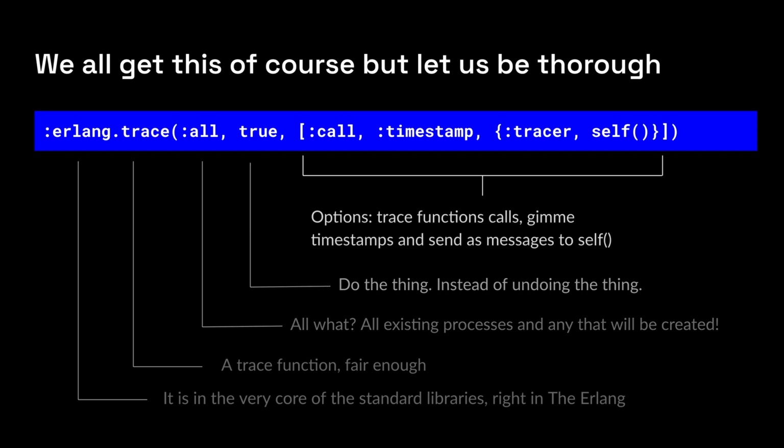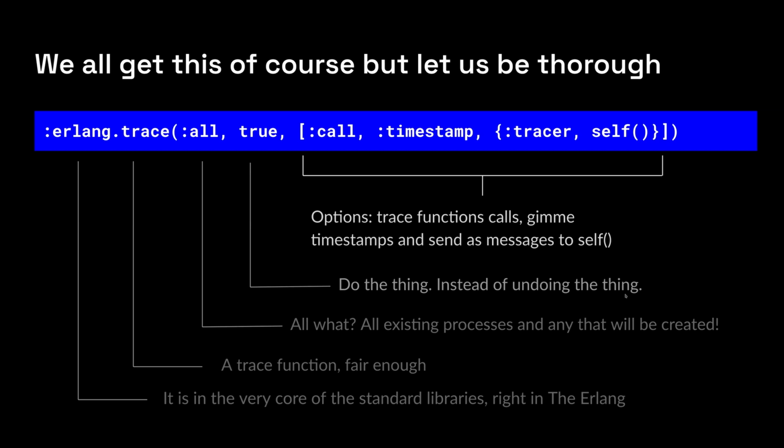And in this case, we send some options. In this case, we want to trace function calls. There's a ton of things you can trace, but function calls is very useful. We want some timestamps with those. And we want it all sent to a tracer that is, in this case, the current process, the PID of self.